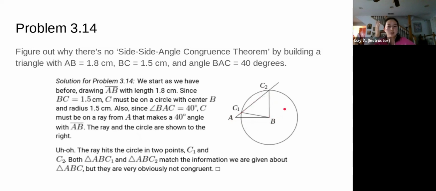In case you guys were thinking that BC might end up being what is called the hypotenuse, we're going to learn more about triangles in the future, but in case you thought that it was going to be the hypotenuse, it can't because it's shorter than AB. And then angle BAC. So this angle right here is 40 degrees.